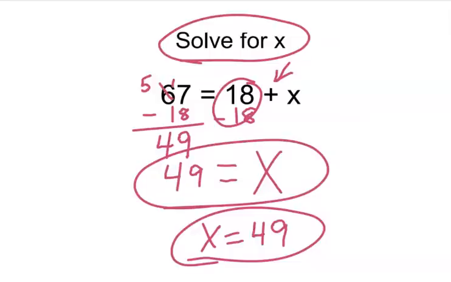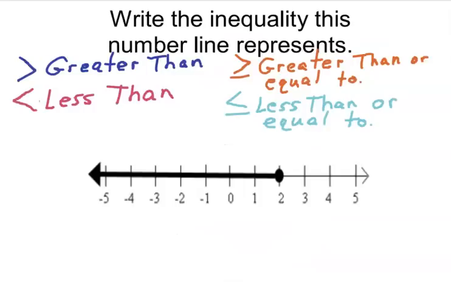Okay, there's that one. Write the inequality this number line represents. All right, do you guys remember when we did the last one, we looked at this one, and was that circle colored in? It was not. Okay, since it wasn't colored in, we knew it was going to have to be one of these two, either greater than or less than, because we were not going to include the number that the dot was in, because it's not colored in.